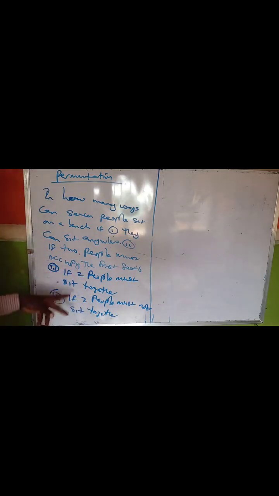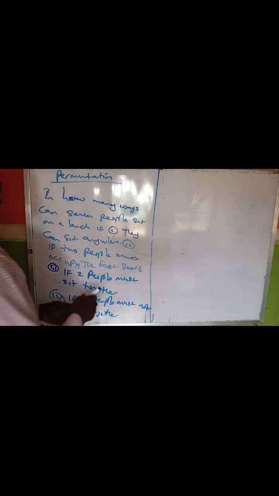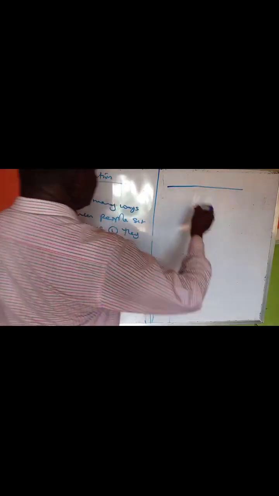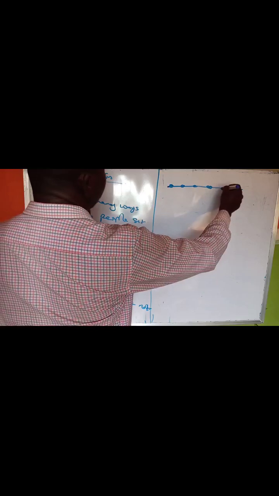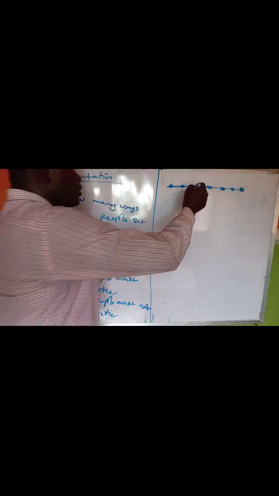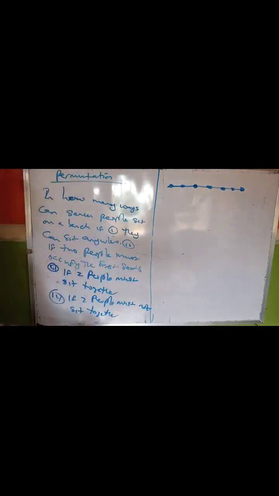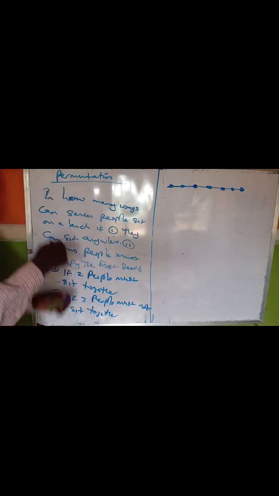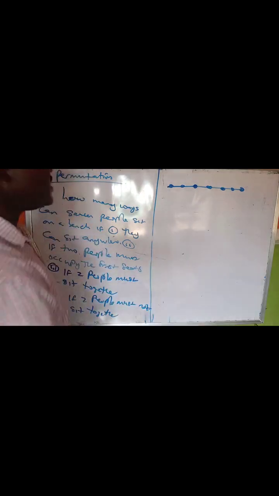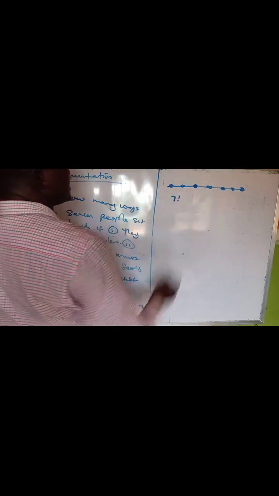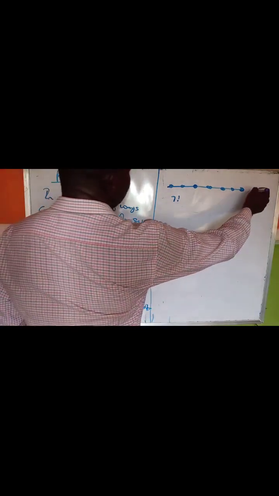Now, let's say you have 7 people: 1, 2, 3, 4, 5, 6, 7. This is the number of seats on the bench. So in how many ways can 7 people sit on the bench if they can sit anywhere? When they tell you that they can sit anywhere, it simply means 7 factorial, just as the formula n factorial.